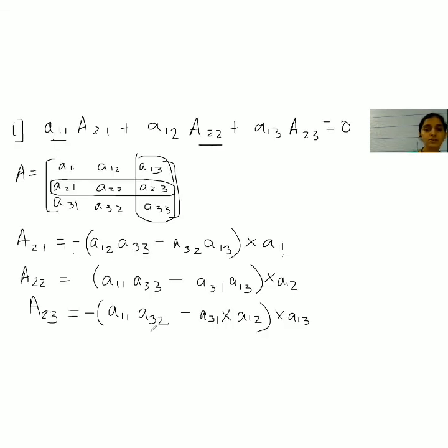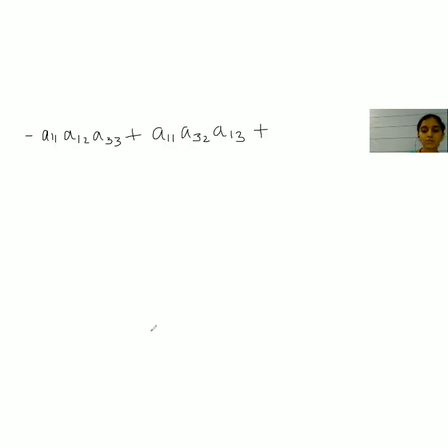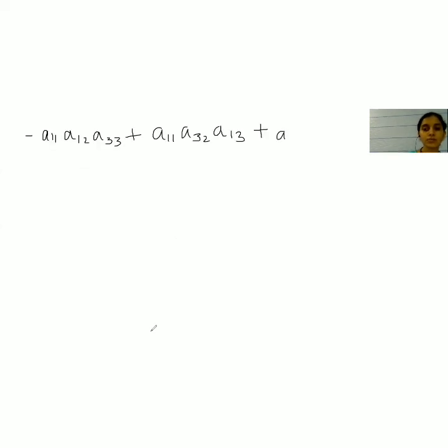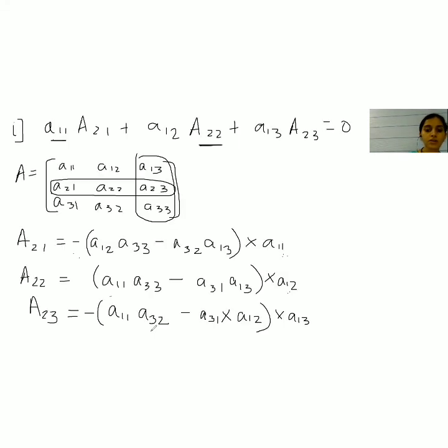This has to be added with, so plus sign. Next term multiplication, so A12, A21, A33. Then a minus sign: minus A12, A23 and A31.